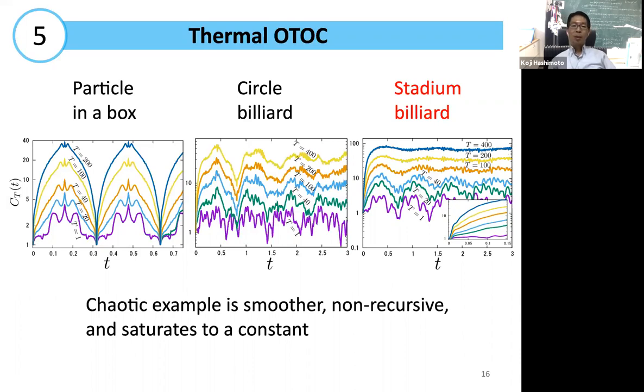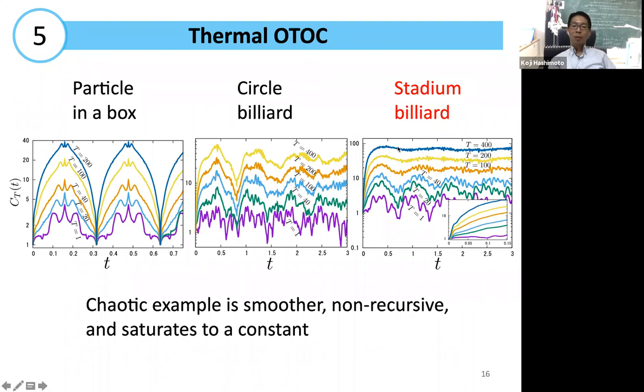So one may argue that this constancy may be seen as a chaotic nature of quantum systems. However, if you look at circular billiard, you would also say that this is almost flat. So numerically speaking, the distinction between these two is very difficult.